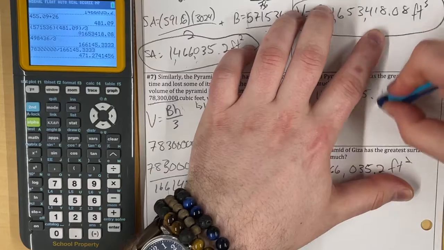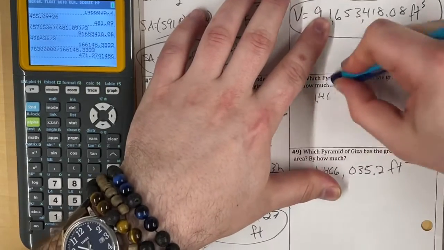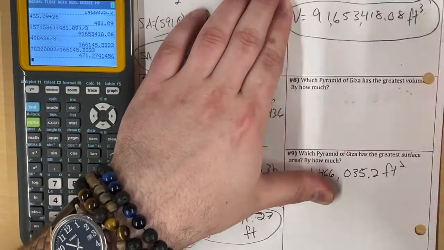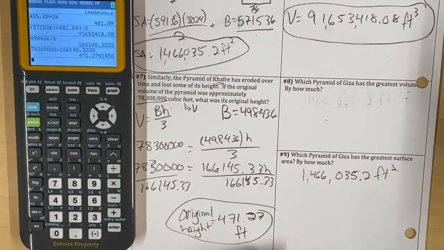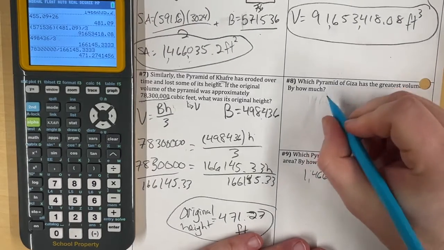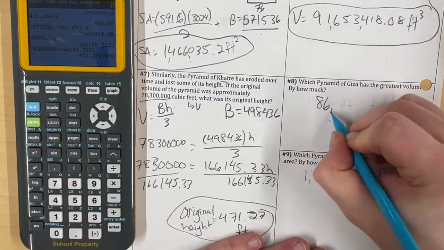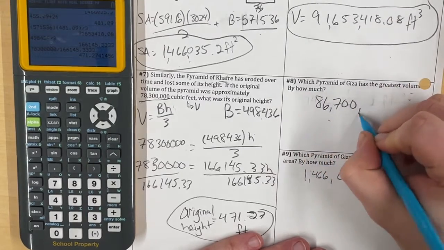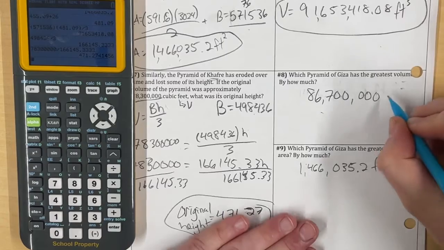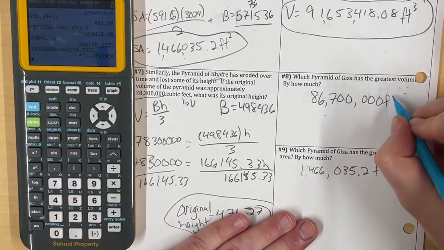I was about to write feet squared, but since it's volume, it should be feet cubed. All right, so the volume for that one was, what would we say, 86,700,000? And we'll say feet cubed.